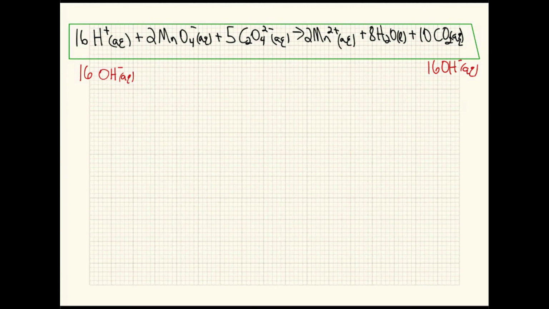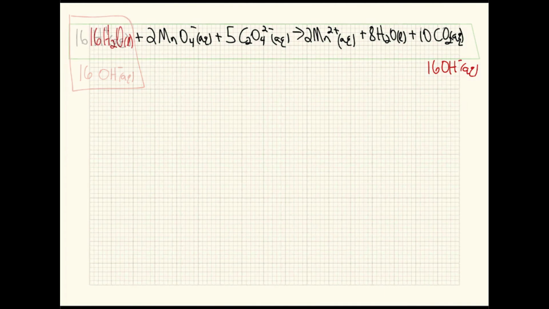On the left-hand side, in this particular case, what will happen is the H+ and the OH- can come together to create 16 water molecules. And left over will, of course, be the 16 OH- that I added to the right-hand side. So there you go.